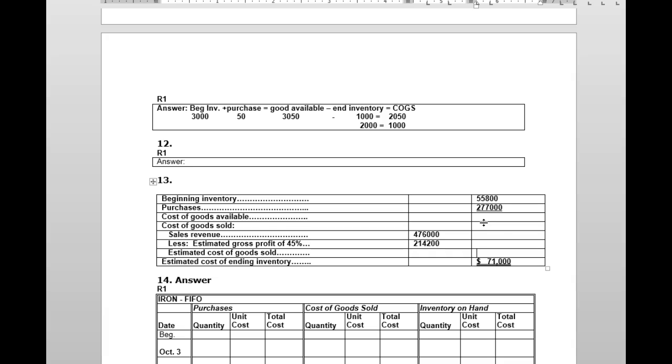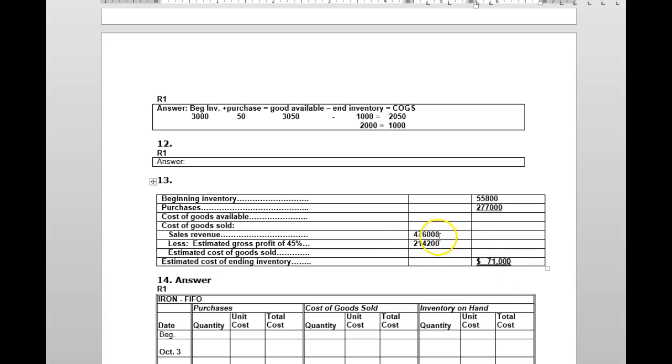And then minus the cost of goods sold would give you the $71,000 ending inventory. So here's your goods available here, which you add up, minus the cost of goods sold, would then give you the ending inventory.